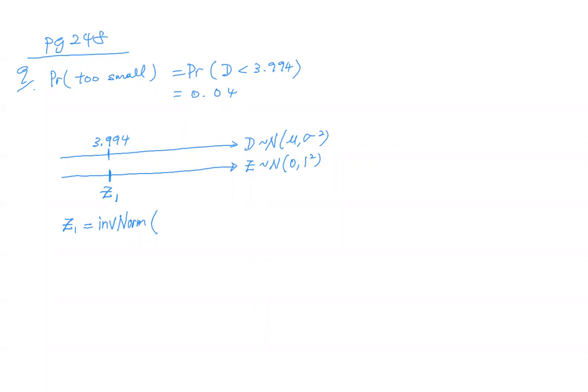Then you put in area to the left. The mean for z-score is 0, the standard deviation is 1. Okay, so you get the answer. Negative 1.75.